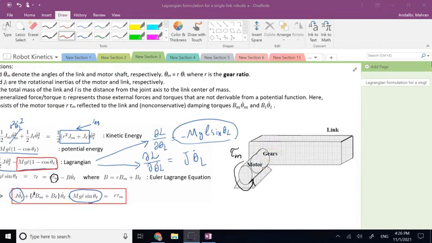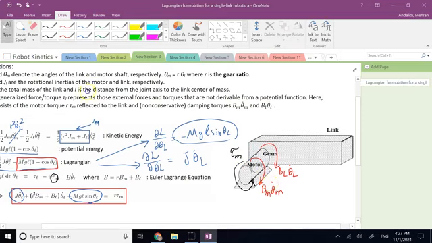Here I show them by B of m times theta dot m, and by B of L times theta dot L, to the input and output shafts of the gearbox, basically. And so we can find Q of theta L based on these three.